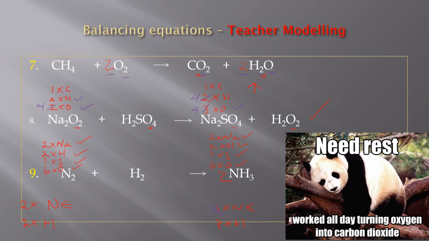That's all good. But now I've changed my hydrogens. 2 times 3 is 6 hydrogens. So if I put a 3 in front of him, 3 times 2 is 6 hydrogens. All good. Okay, so there's the process where we keep going through, where we keep adding them in as we go.